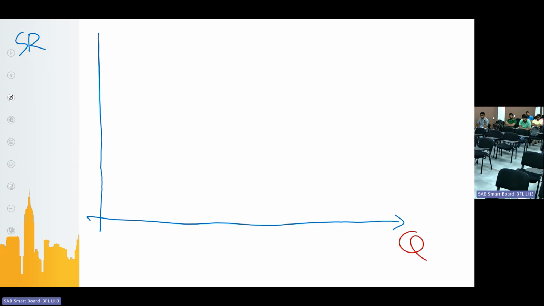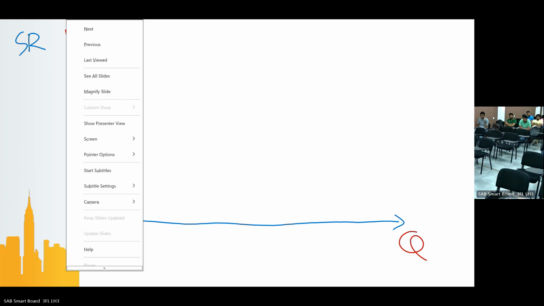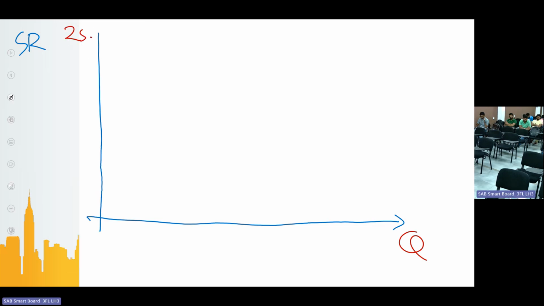That was in production theory. In cost theory, when we are drawing short-run cost curves, we put output on the horizontal axis and cost values, rupee values, on the vertical axis.